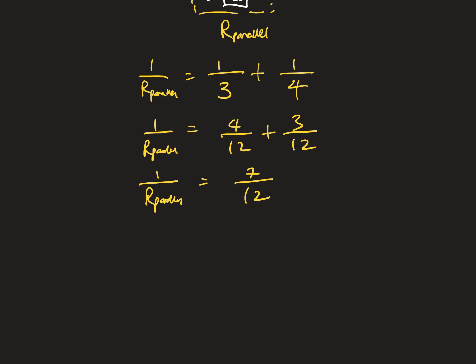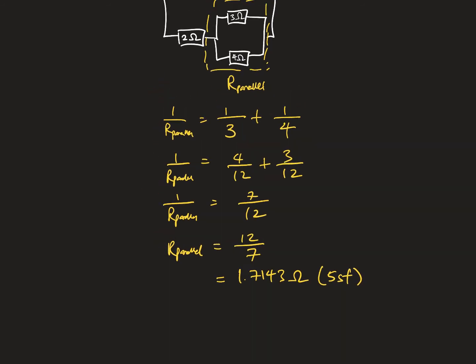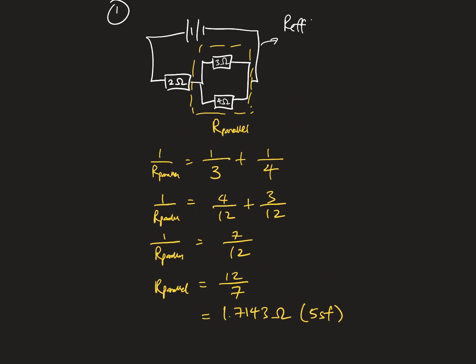And let's write down, if I flip the fraction on both sides, I get this, and this simplifies to 1.7143 ohms, and this is just 5 SF, because I'm not done yet. So actually, if you take a look, this R parallel is equal to 1.7143 ohms.